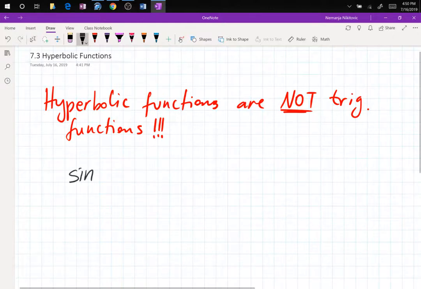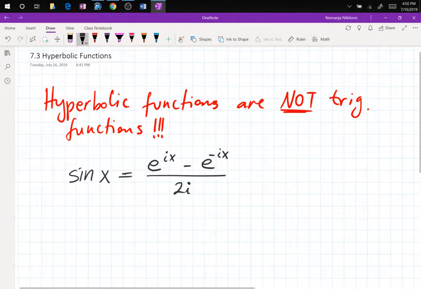He figured out the connection of sine x and the exponential function e to the x. So he figured out that you can write sine x as e to the ix minus e to the minus ix, divided by 2i, where this i is the square root of -1, the complex imaginary i.